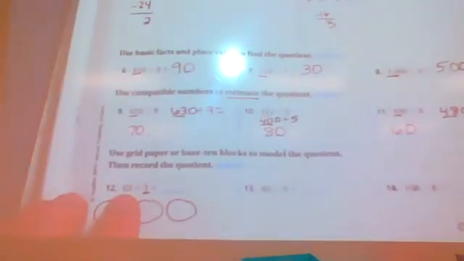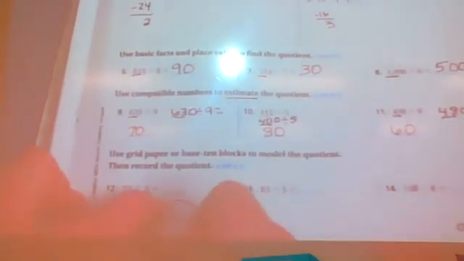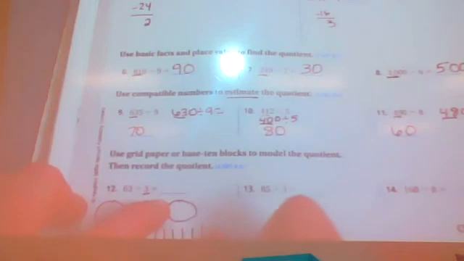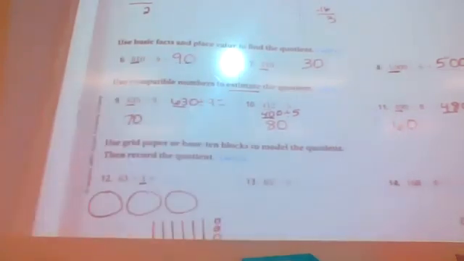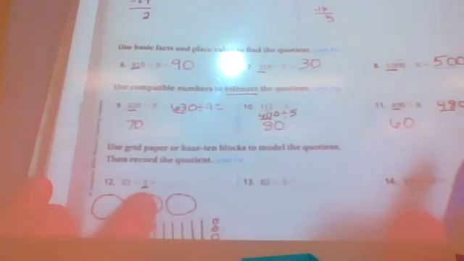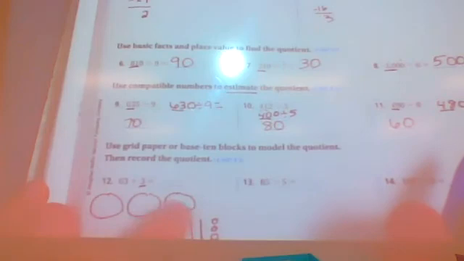Base 10 blocks, I'm going to have 63. 10, 20, 30, 40, 50, 60. And then my ones, I have 1, 2, 3. Now, if I'm going to distribute these equally, I always know I have 3 circles based on what my divisor is. My divisor was 3, so I have 3 circles.